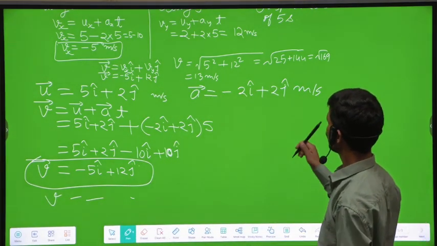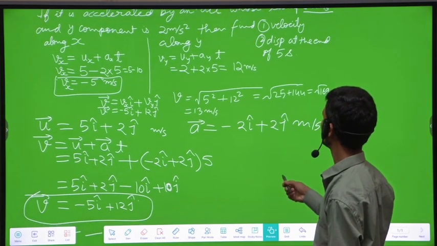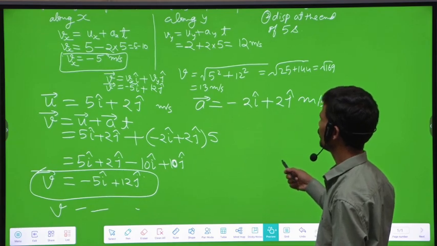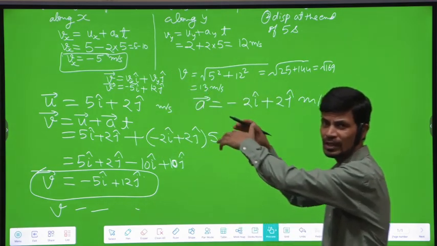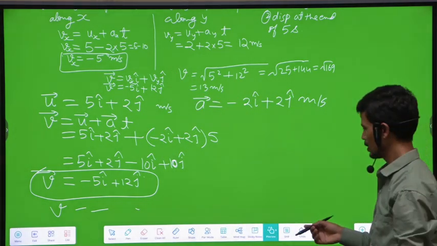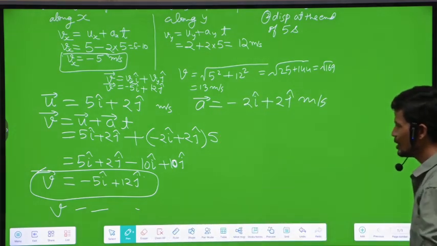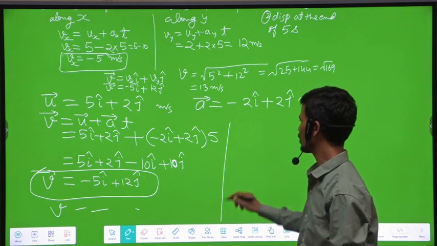And in order to find displacement also, that was the reason I did not do it this way earlier, otherwise it would be lengthy. So you can do it that way also. I'm skipping it and directly doing it in vector form.